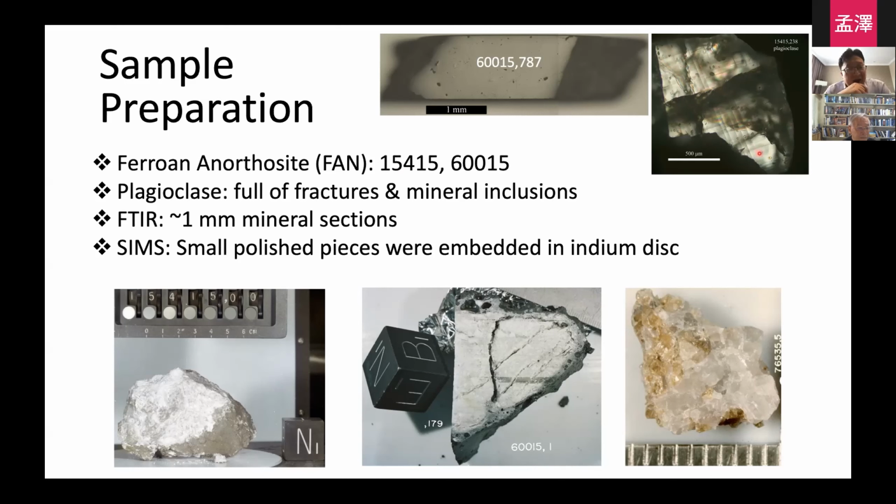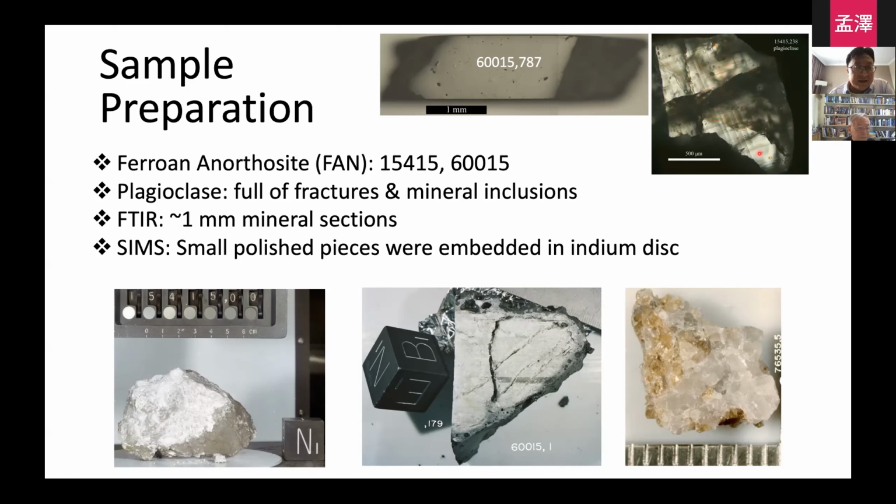For the FTIR analysis, we made 1 millimeter mineral sections for water analysis, and we also used the SIMS, secondary ion mass spectrometer, to analyze the water content in these mineral grains.